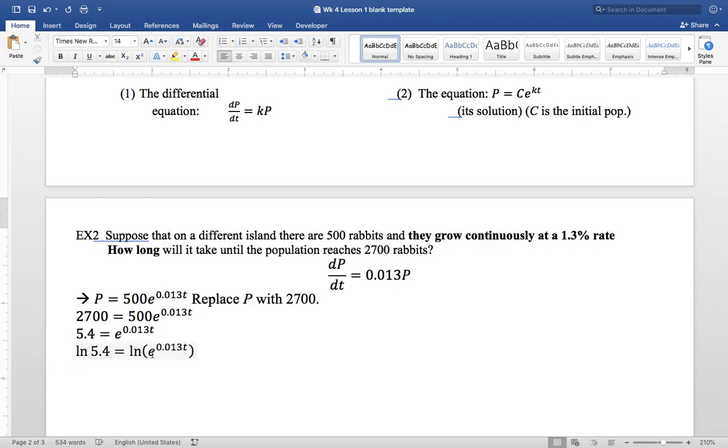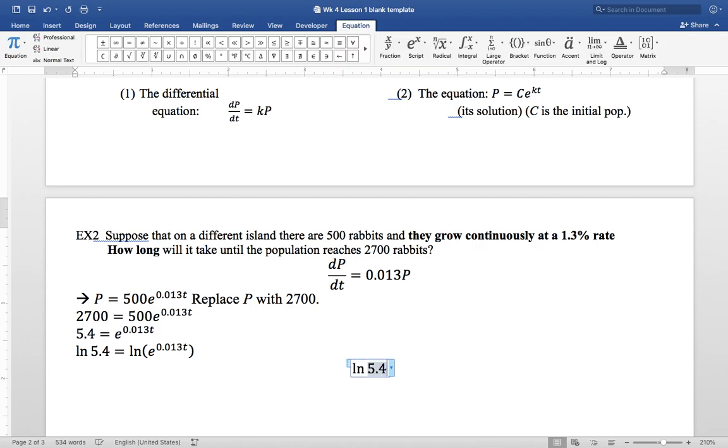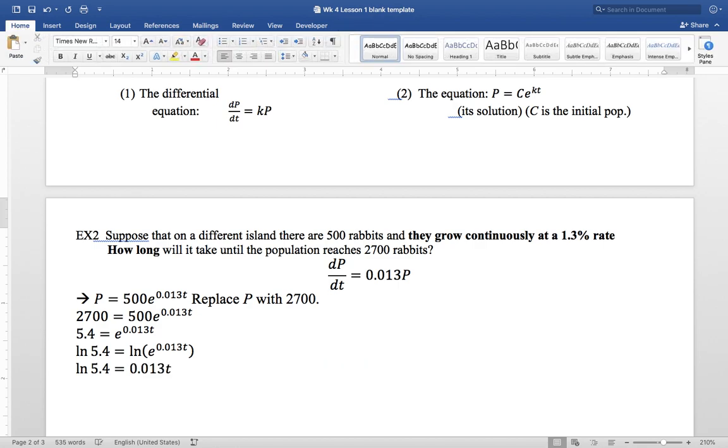Exponentiation by e and natural logarithm are inverse operations. They cancel, so I find that natural log of 5.4 is equal to the whole right-hand side, which is actually just the exponent, 0.013t. And then obviously we can solve for t by dividing both sides by 0.013.